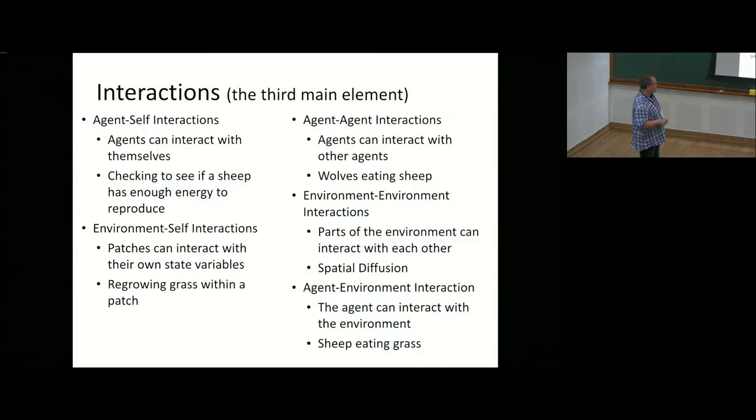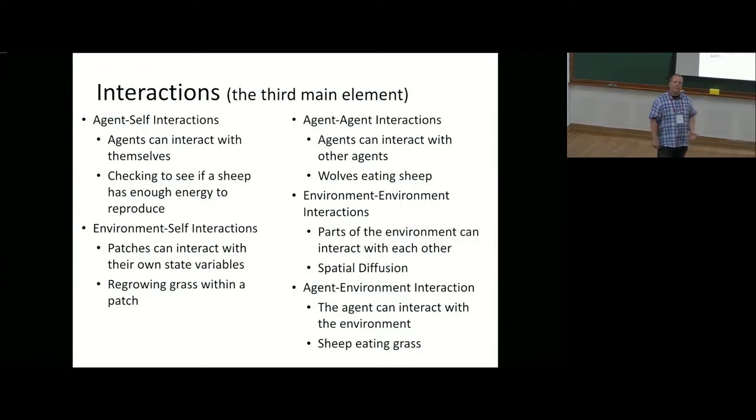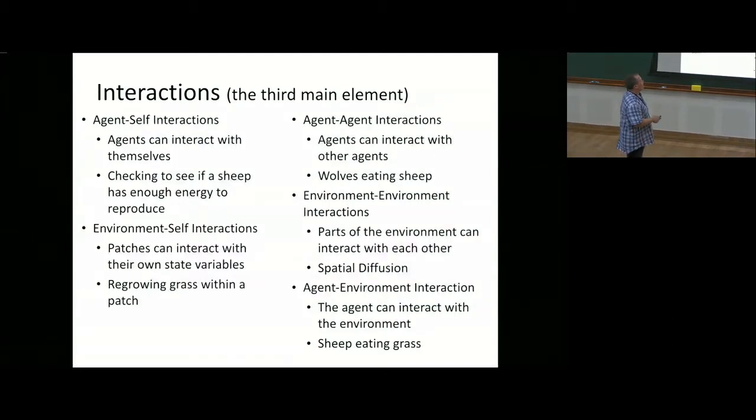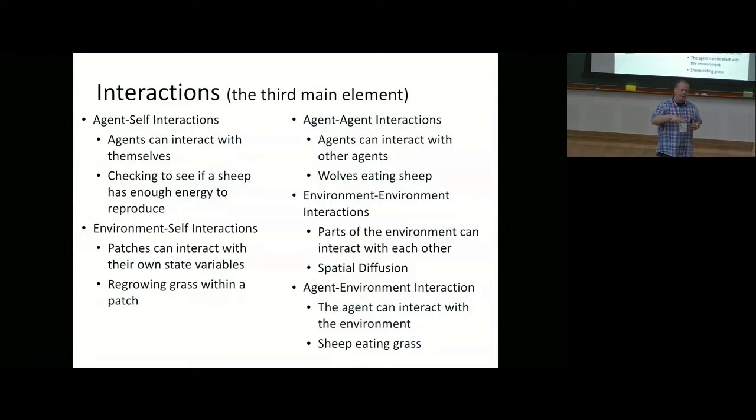The environment can interact with itself. In the wolf-sheep model, there's grass, and the grass decides to regrow if it's been long enough. There are agent interactions: wolves can eat sheep. There are environment interactions. It doesn't really exist in the wolf-sheep model, but in other models there is spatial diffusion, where one patch can spread something to the other patches around it.